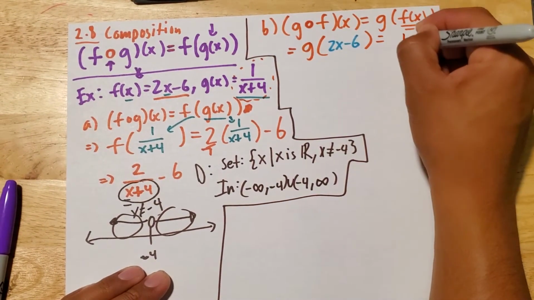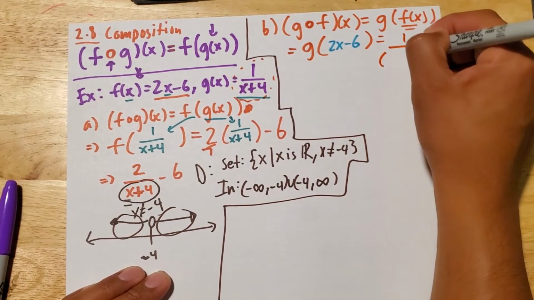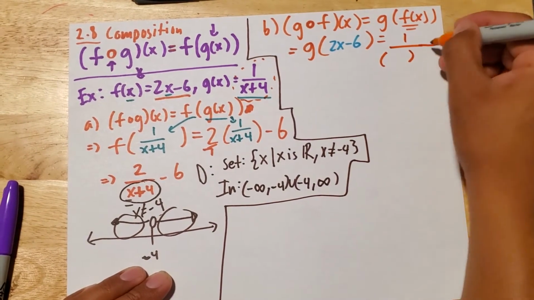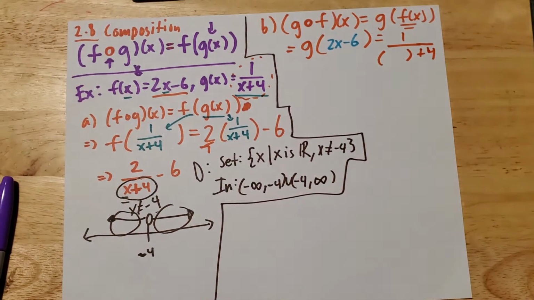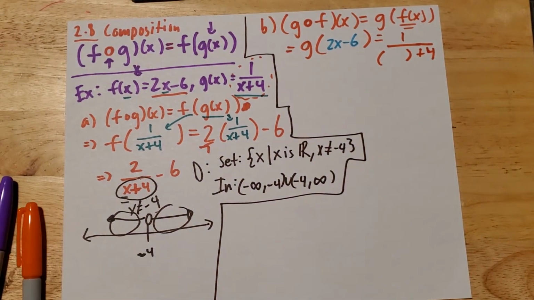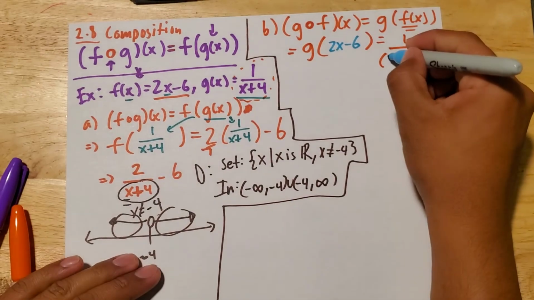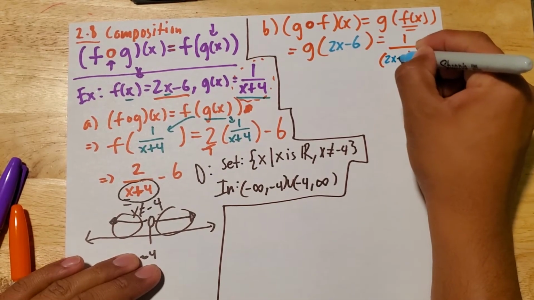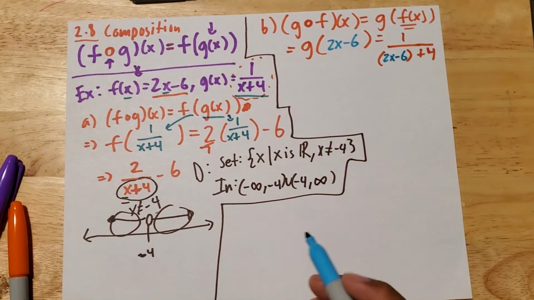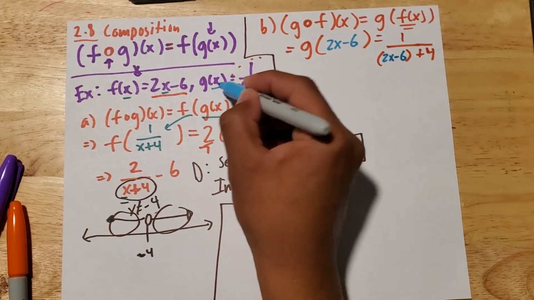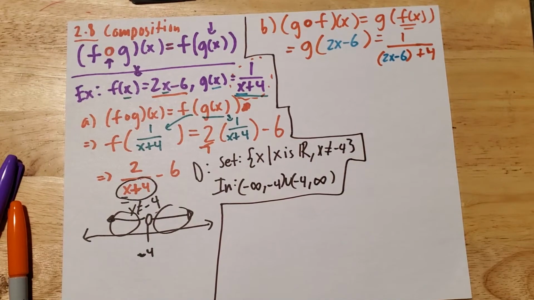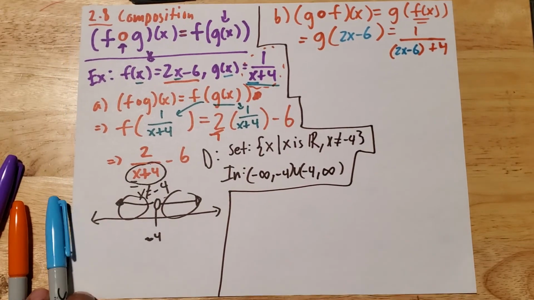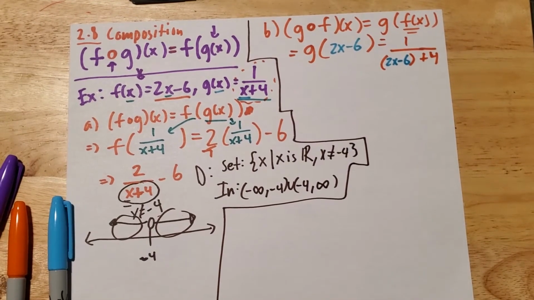So that's going to look like 1 over, and wherever I have my x, I'm replacing it with parentheses plus 4. And in that parentheses, because that's where my x used to be, I'm going to include f, and f is 2x minus 6.